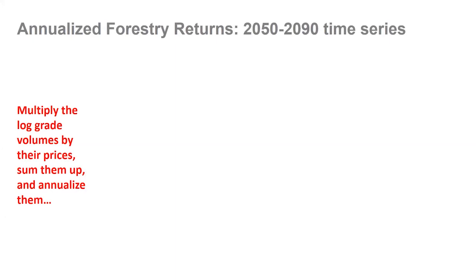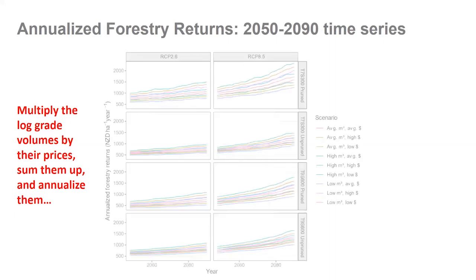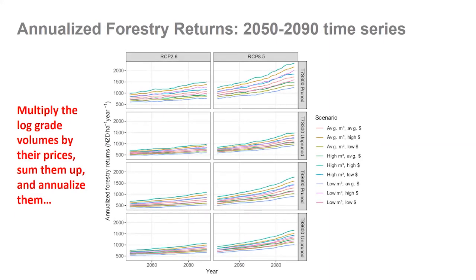So how do we do that? We basically multiply the log grade volumes by their prices, sum them up, and annualize them. And then we have the annualized forestry returns here. Okay? So again, we have the two different RCPs, we have our 4 different regimes, and in each panel, we have a line or a time series that corresponds to any specific scenario.